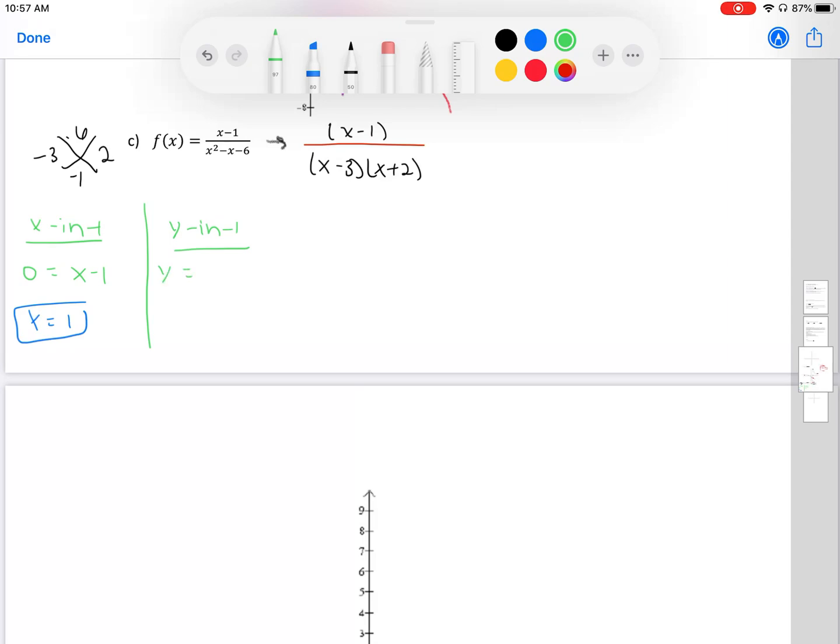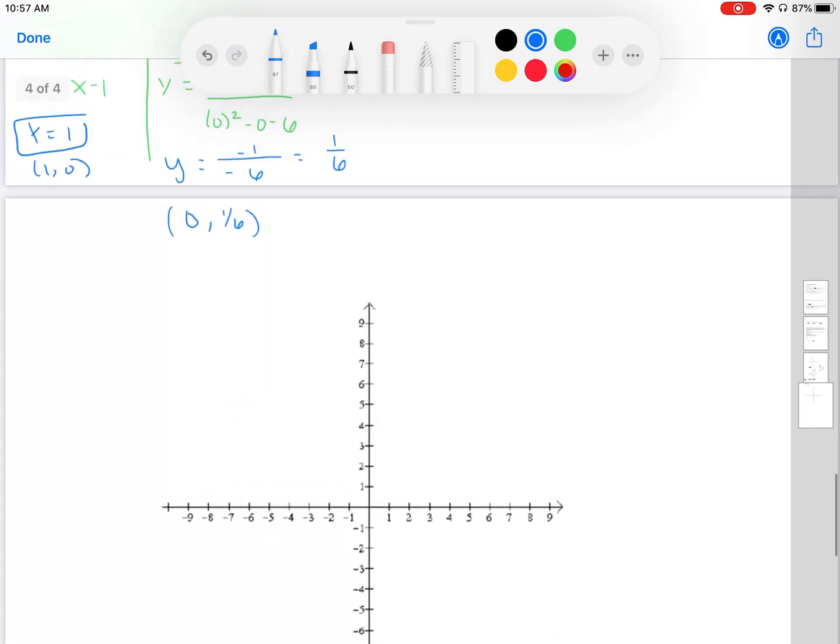So you have y is equal to 0 minus 1 divided by 0 squared minus 0 minus 6. In return, we get y is equal to negative 1 divided by negative 6, which is just 1/6. So I have the point 0 and 1/6, and the point 1 comma 0.